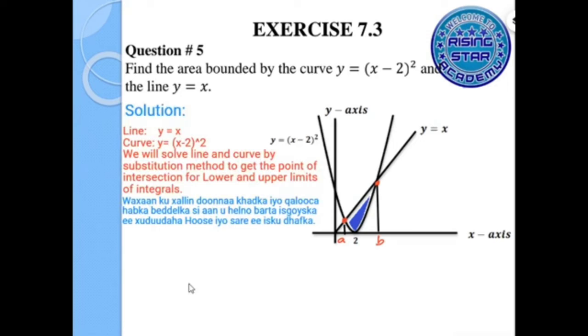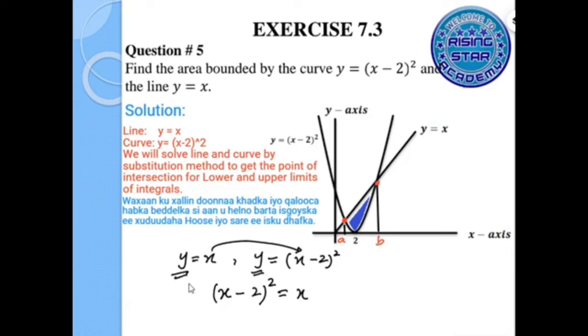Okay, so now we have y is equals to x and y is equals to x minus 2 whole squared. We will substitute the values, so that would become x minus 2 whole square is equals to x. If y are same, so we can write the x are going to be equal.